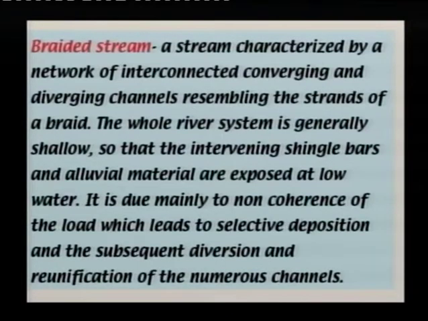Braiding is due mainly to the non-coherence of the load, which leads to selective deposition and the subsequent diversion and reunification of numerous channels. So in other words, the deposited materials will allow the river to braid into many different tributaries or channels, but later on they can all come back again to one channel and follow it.